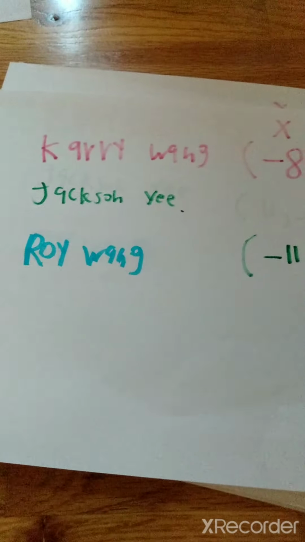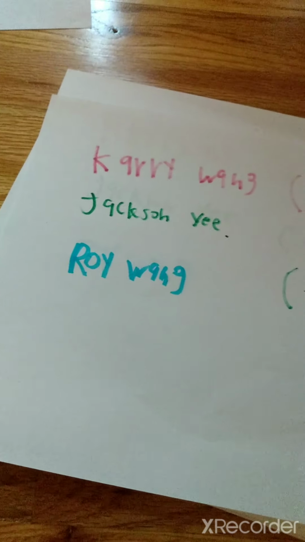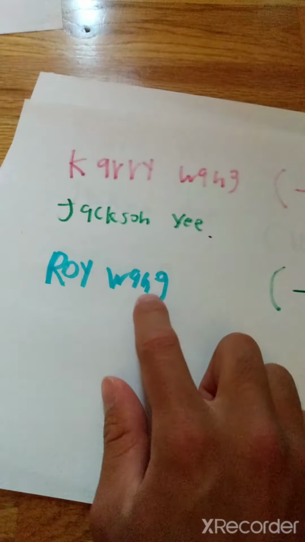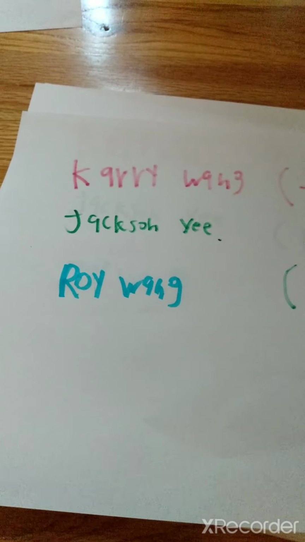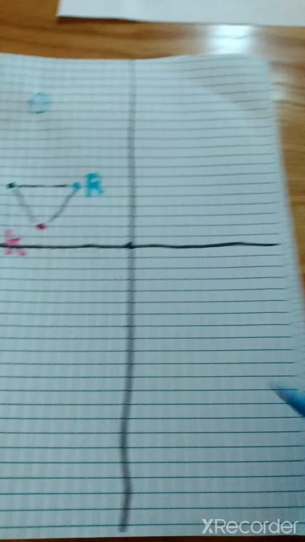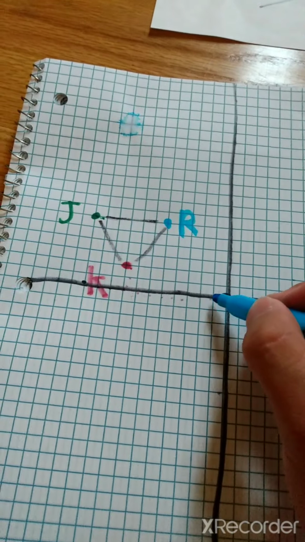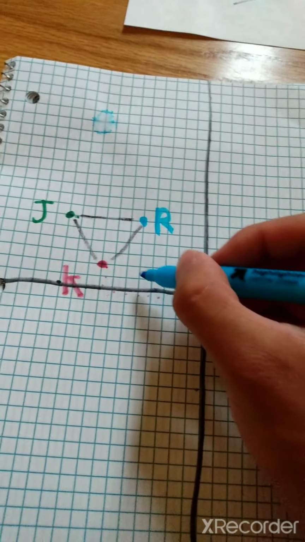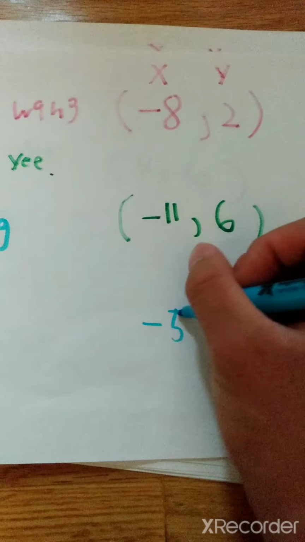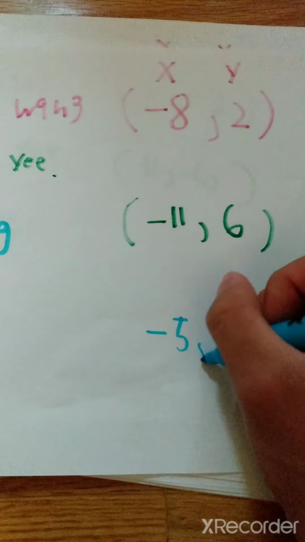And Roy Wang is the last remaining boy band member. And he is another vocal, which means he sings for the band as well. And on the graph, he's at 1, 2, 3, 4, 5, -5, 6. So he's at -5, +6 on the graph.